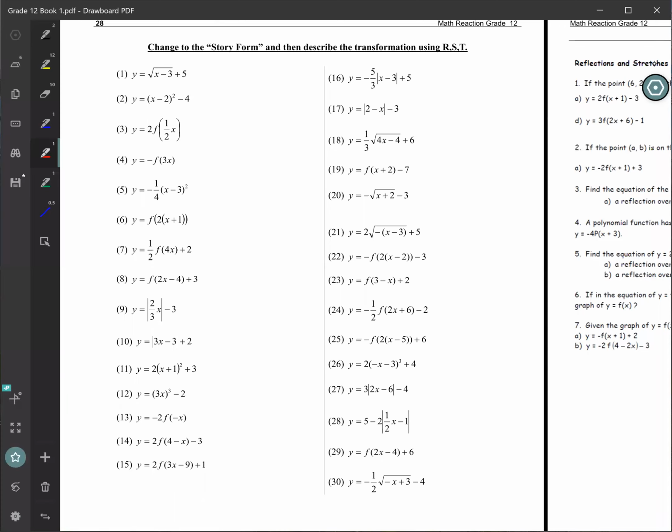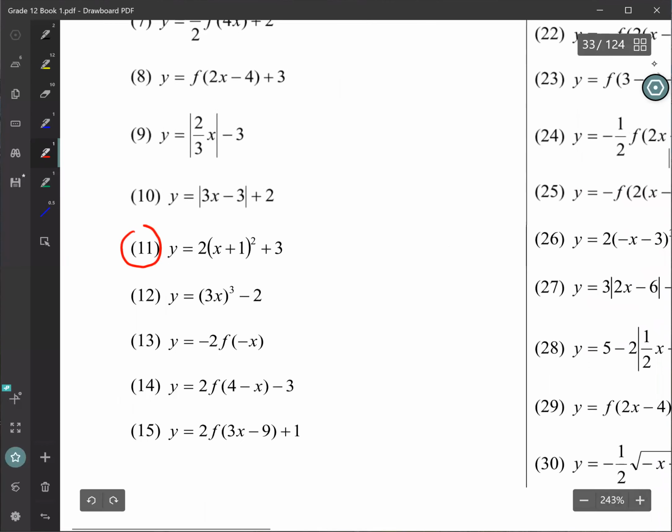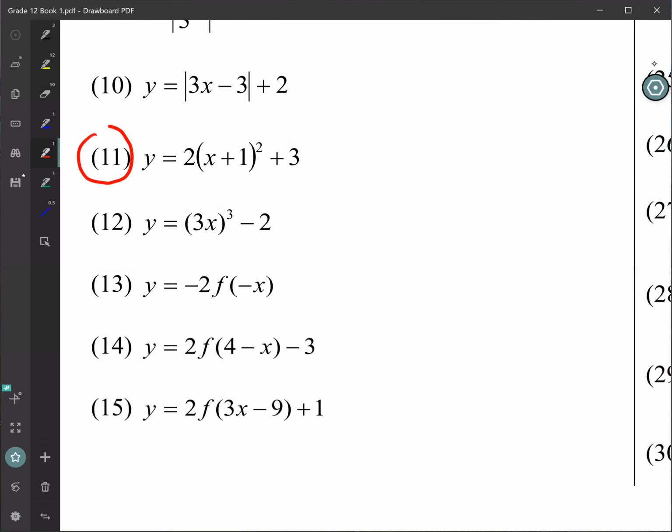This one has a square. Okay, let's do 11. Everybody try to turn this into story form, and then write out the story. Once you finish, please raise your hand, and then we'll go over that one.